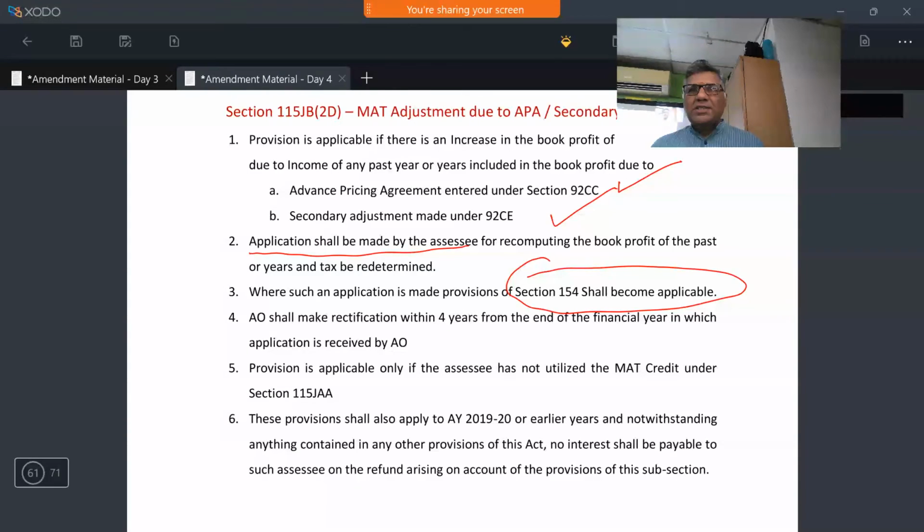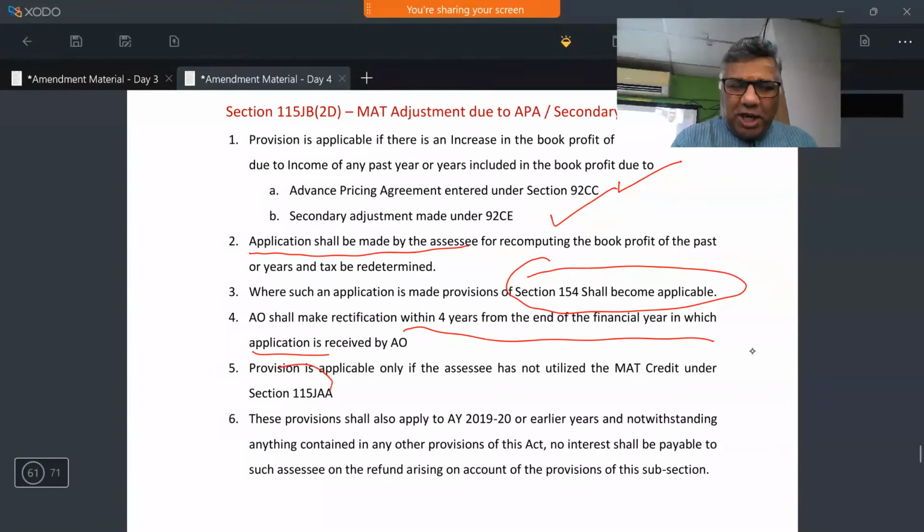The assessing officer will take it up under 154. Four years is the time limit, within 4 years from the end of the financial year in which the application is received. But if you have already utilized it as MAT credit, I will not do it again. And one promise is I will not charge any interest for this.